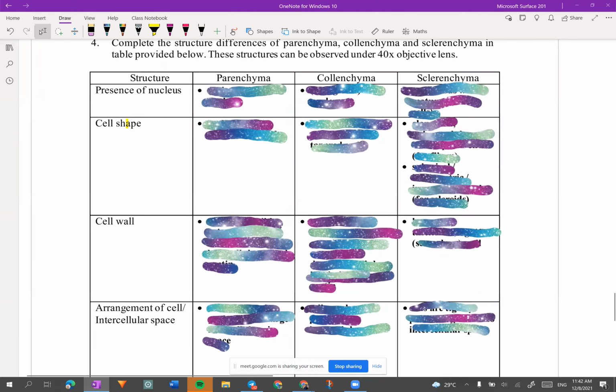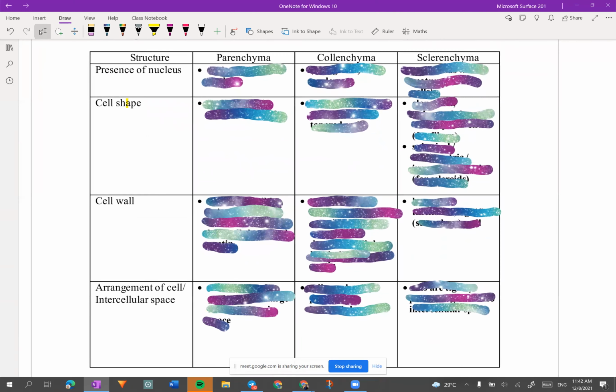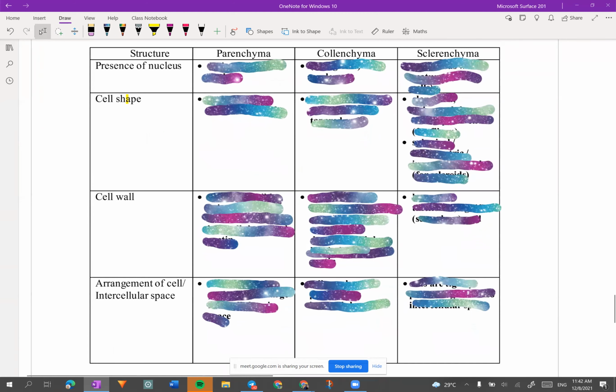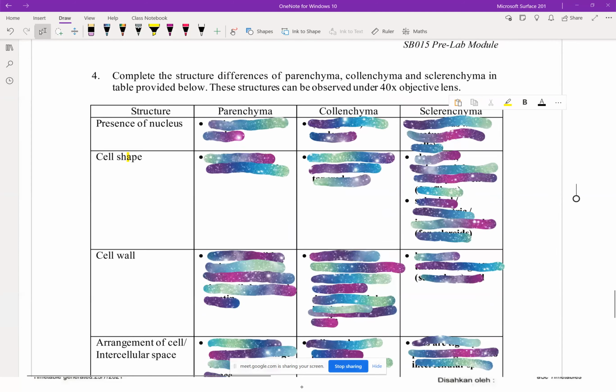Alright, so now kita kena identify parenchyma, collenchyma, and sclerenchyma. To be honest, dia cakap kat sini, complete the structure differences. Alright, so fine. We can do that. Structure, parenchyma. Does it have any nucleus for parenchyma? Yes. Collenchyma, does it have any nucleus? Tengok balik yang tadi tu kan, yang ke atas sekali.